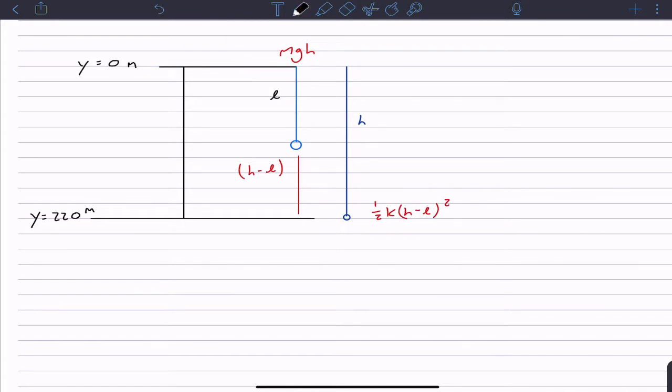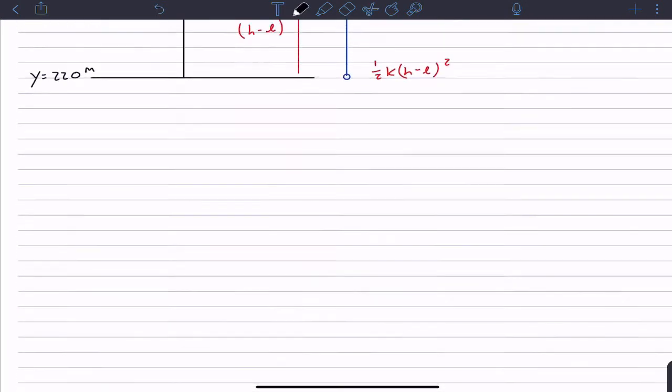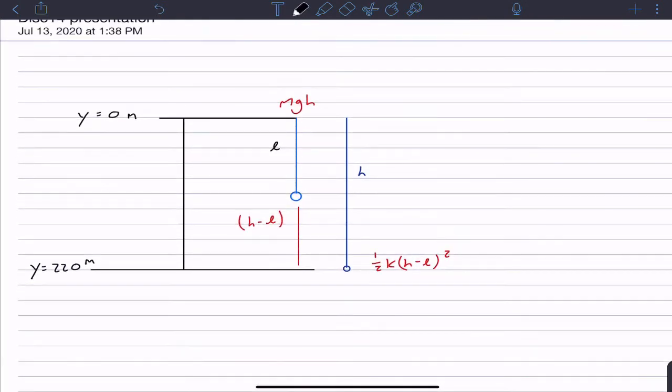Okay, so we're given some information that we can use right away. We're told, using Hooke's law, kx is equal to mg. Well, I should be more clear.